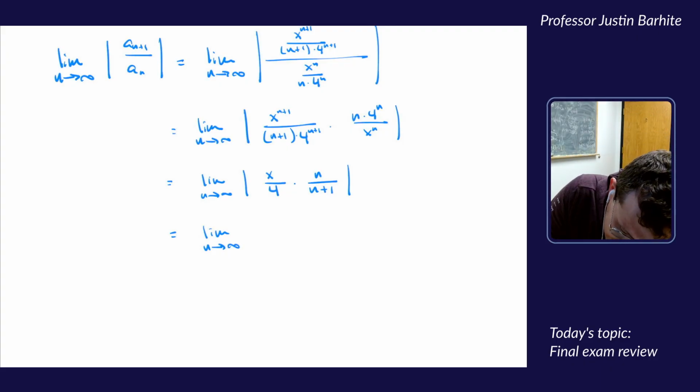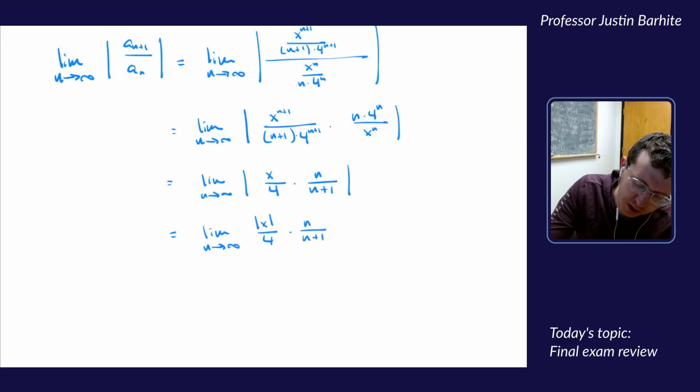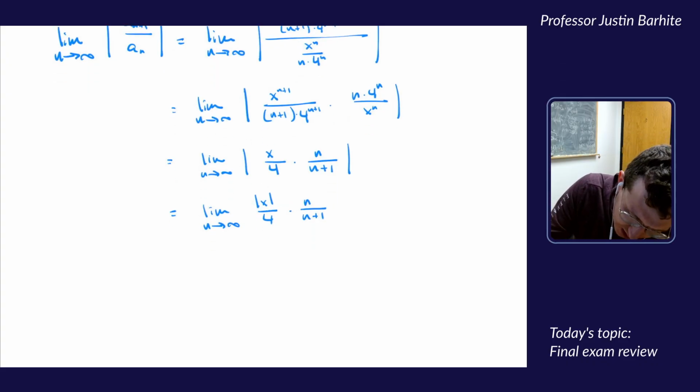I can simplify this to absolute value of x over 4 times n over n plus 1. Basically, all of that is positive, so it can come outside the absolute value. That x could be positive or negative, so we need to keep it inside the absolute value.